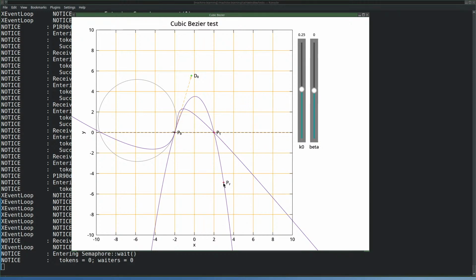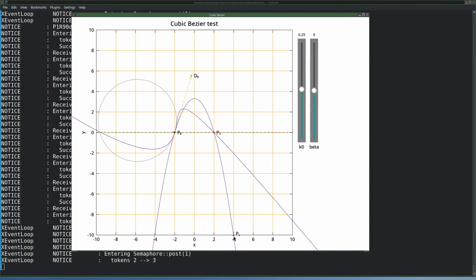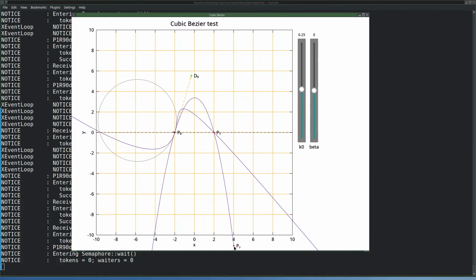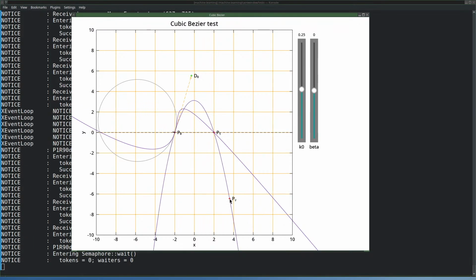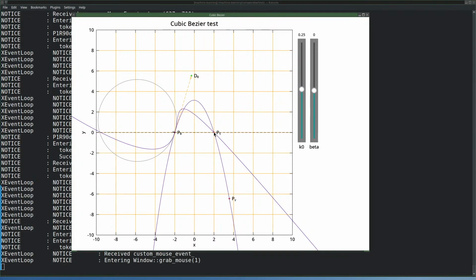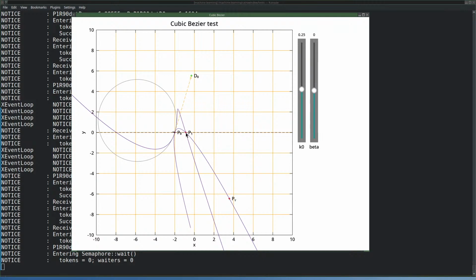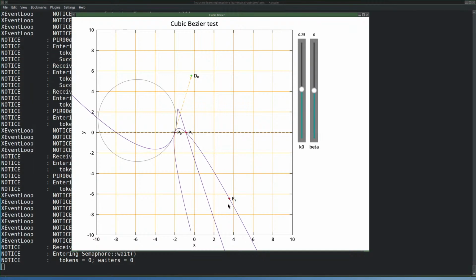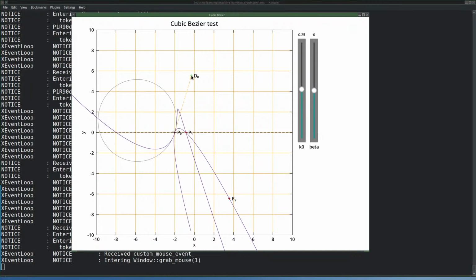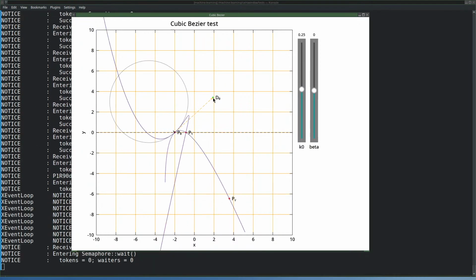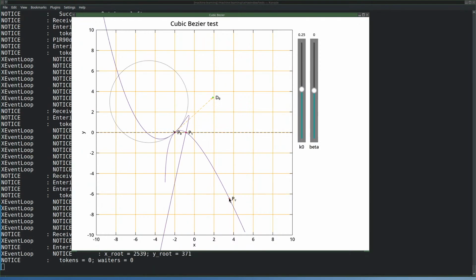So I have to move it really far down now, which I can't do. Oh wait, I can move P1. Ah, I can move P1. Or I just have to do this one a little bit more like that. Now I can do it.